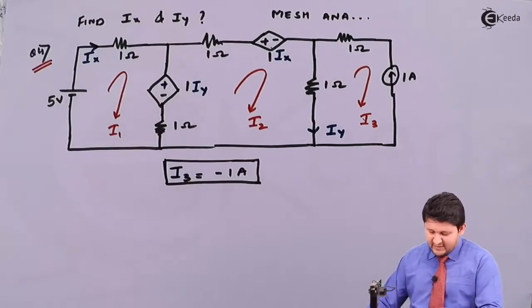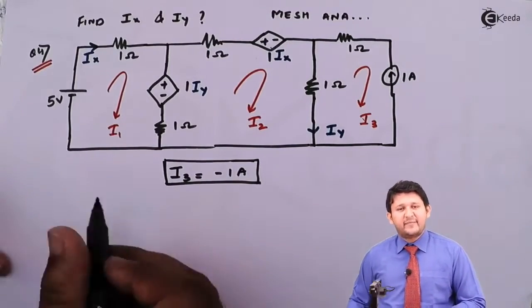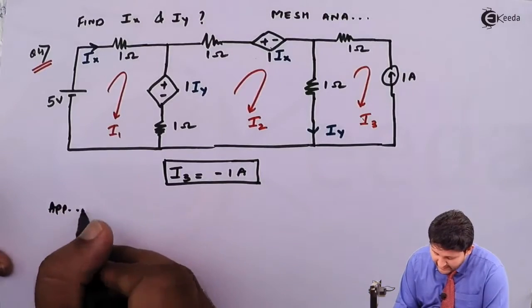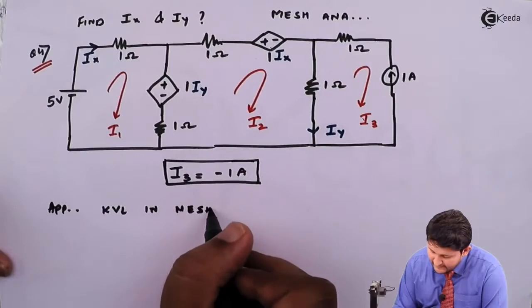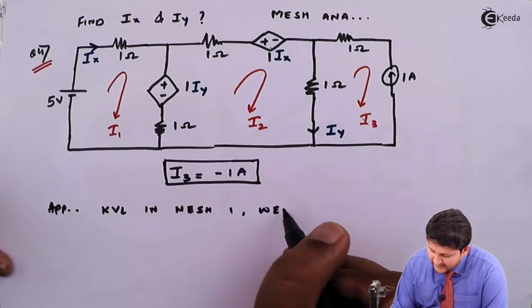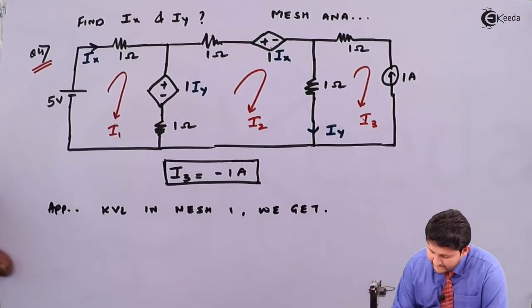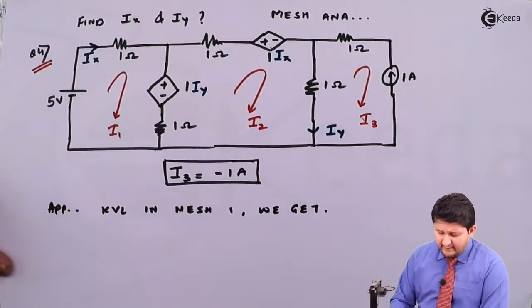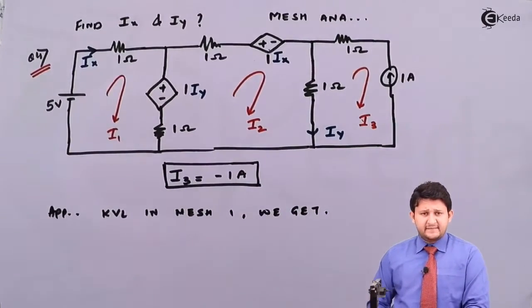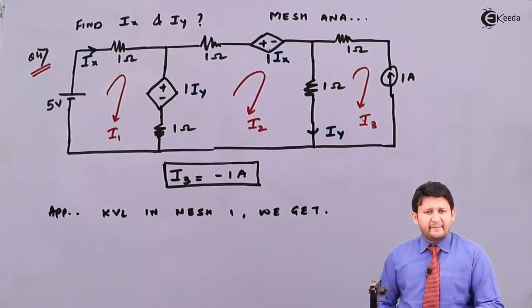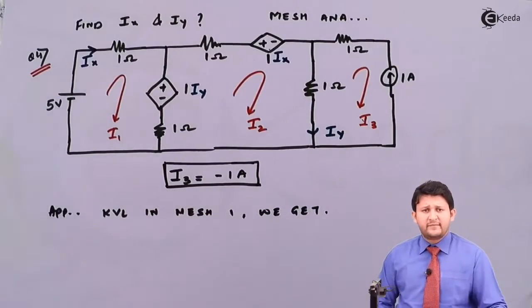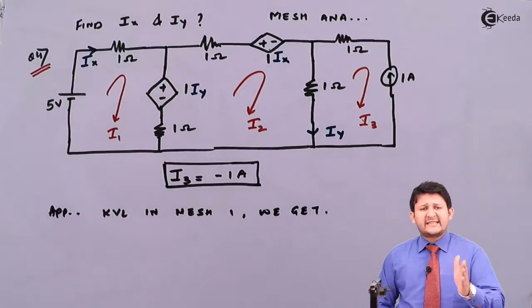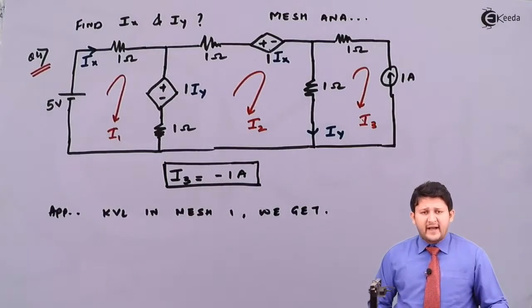So let's solve it. Let's start by applying KVL in mesh 1. In mesh 1, how many resistors can you see? Right, 2. Add them, so the answer is 2. Which current is flowing in mesh 1? I1. Good. Next, what sign convention do you need to take for I1?